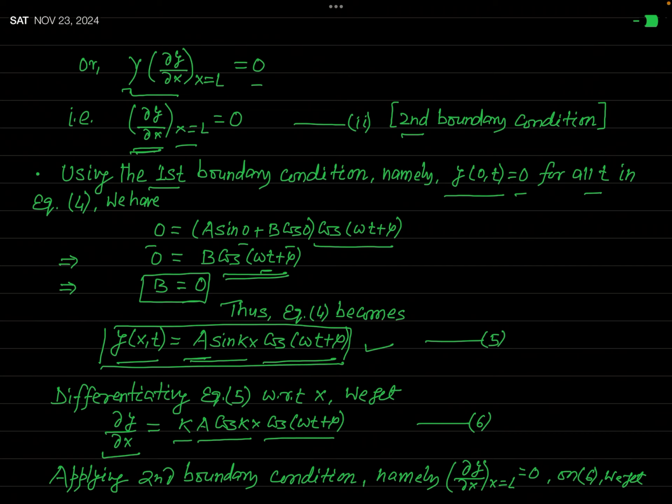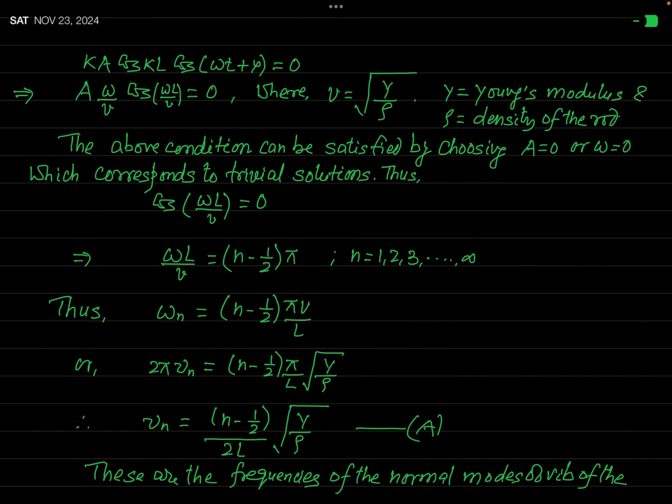Now we will apply the second boundary condition. In accordance with the second boundary condition, del y by del x will be equal to 0 when x is equal to L. So when you take x in the RHS equal to L, del y by del x in the LHS will be 0. Our result becomes k a times cosine of kL times cosine of omega t plus phi equal to 0.